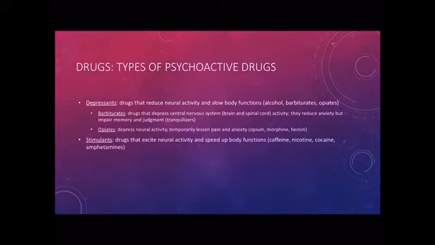If you think about how people who drink a lot of alcohol get a beer belly, whereas someone who's on a stimulant, like methamphetamine, for example, is super, super skinny. Why? Because depressants like alcohol slow down your body functions, including your metabolism, and so they cause you to gain weight, whereas stimulants speed up your metabolism, and it burns off calories quicker.